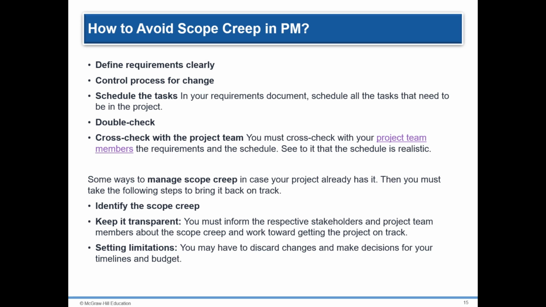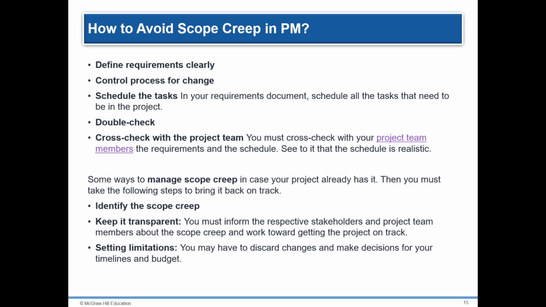How to avoid scope creep in project management? Some strict steps need to be prioritized and followed in order to avoid it or mitigate its impact and risk, including: define requirements clearly, control the process for change, schedule the tasks in your requirements, double check, and cross check.